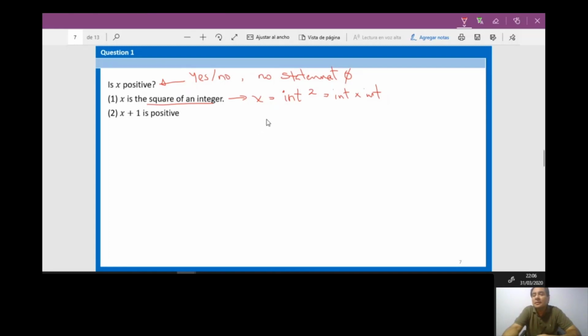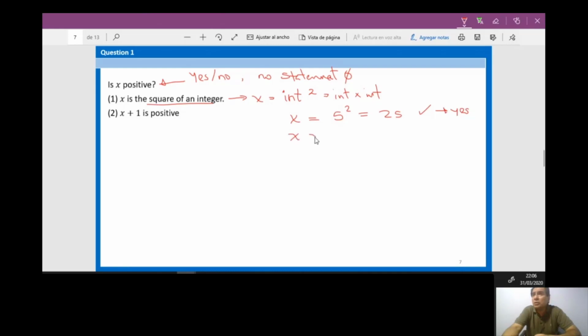You can write it on the chat, or you can say it aloud, no problem. Okay, thank you, Kathy. You say that the square will always be positive. The square of a number, in this case of an integer, will be positive. So probably you are thinking that x could be the square of 5, for example. That would be 25, which is a positive number, right? It means that we can answer yes to this question.